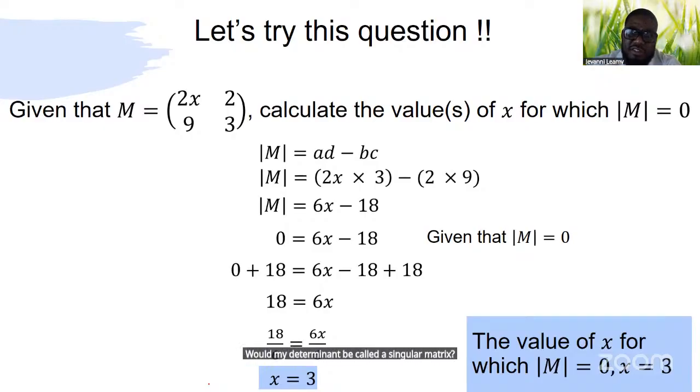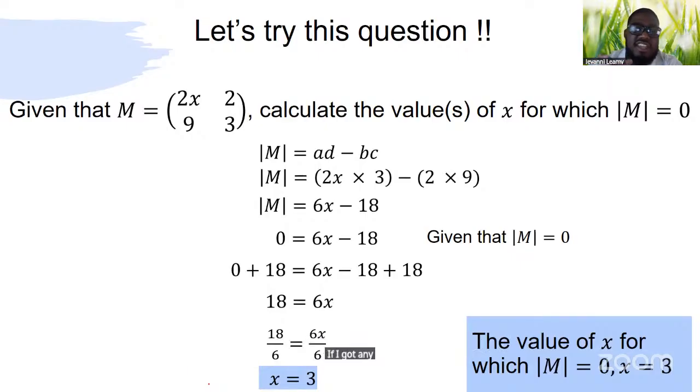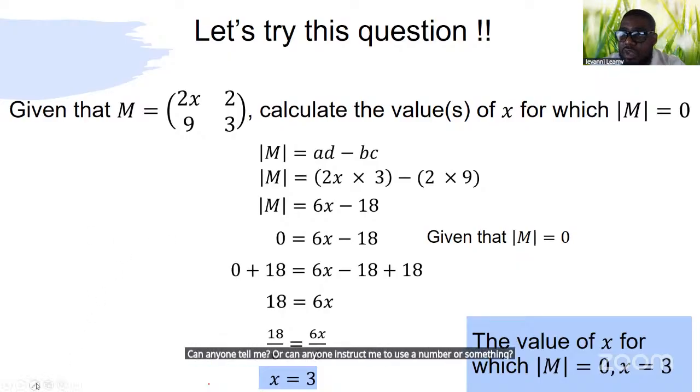You can always work it out too. If I got any other value besides x equals 3, would the determinant of matrix M still be singular? Can anyone tell me, or instruct me to use a number?